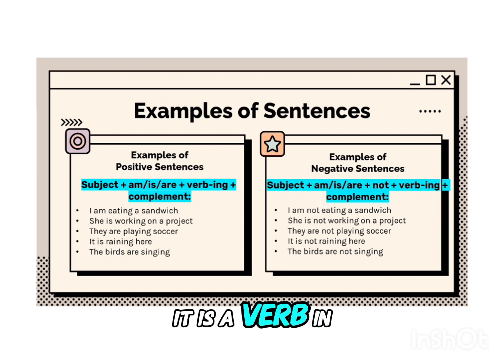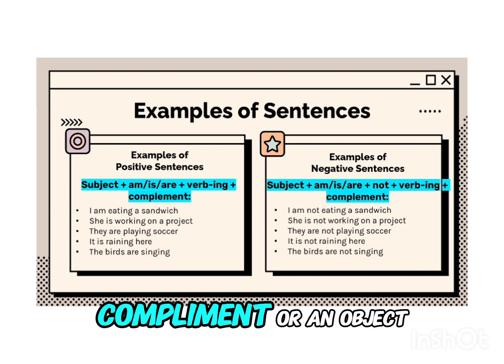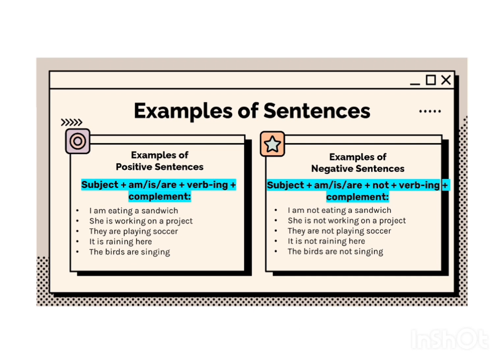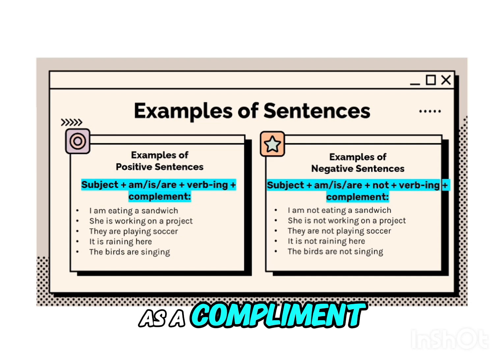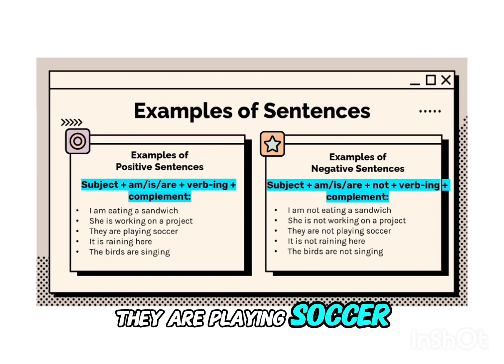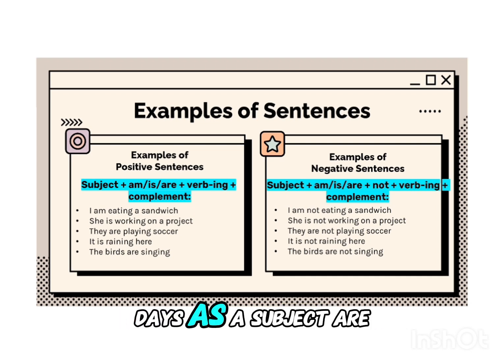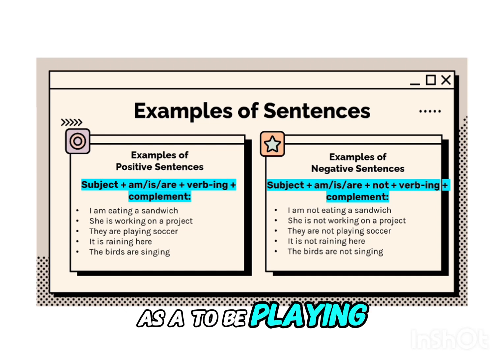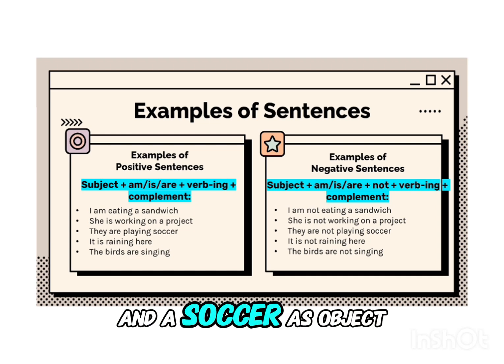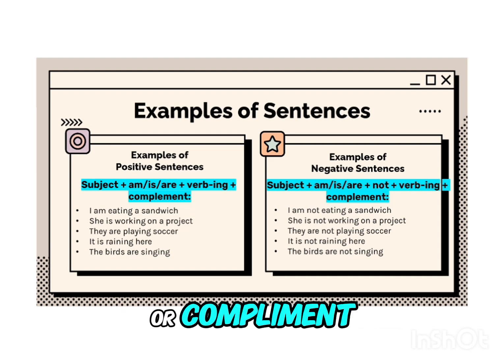Eat is the verb, ing is the adding. So a sandwich as a complement or an object. So she is working on the project. She as a subject, is as to be, working as a verb-ing, on the project as a complement. They are playing soccer. They as a subject, are as a to be, playing as a verb-ing, and soccer as object or complement.